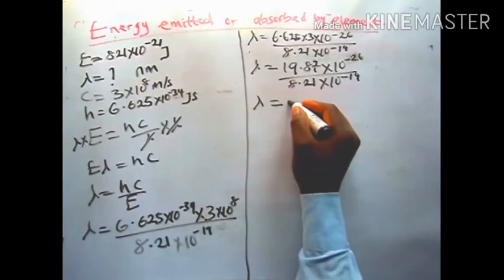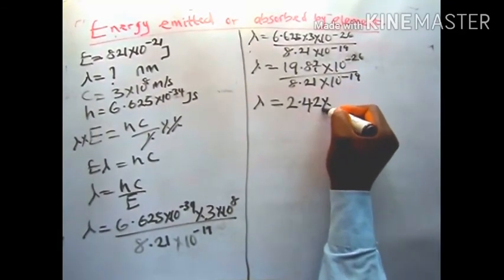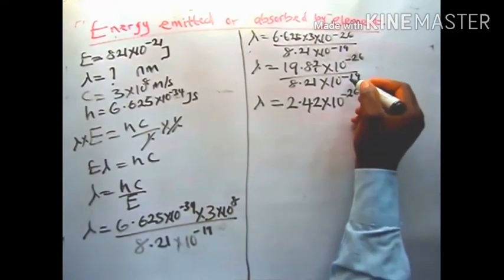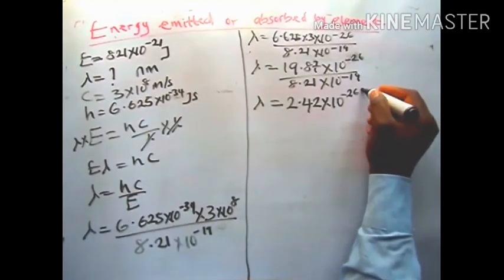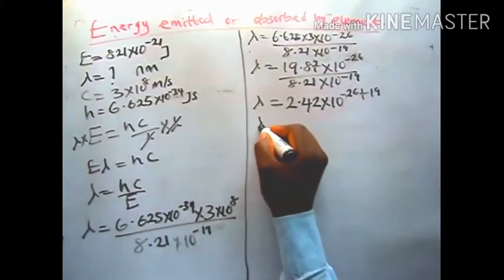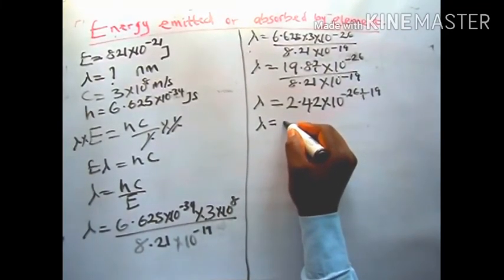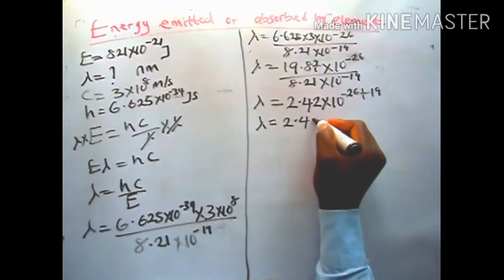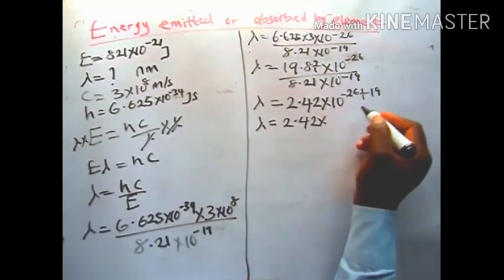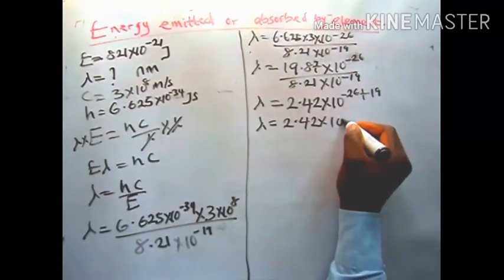Now we're going to have 2.42 multiplied by 10 raised to power minus 26. Then when this crosses to this side, it changes to plus. That's your indices. So your lambda now is 2.42 and when you add this, minus 26 plus 19, that's minus 7, right?